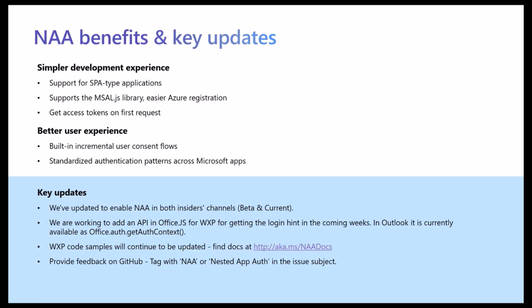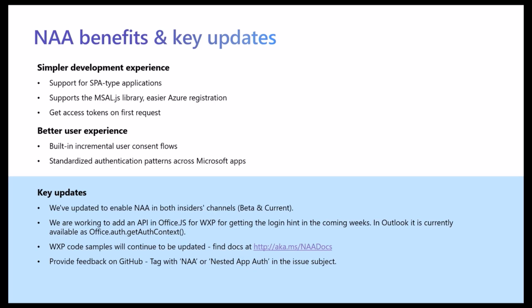We also made some key updates over the last month. We expanded our NAA preview to both the Insiders Beta channel and the Current channel for preview. And we are working to add an API for WXP for getting the login hint in the coming weeks.